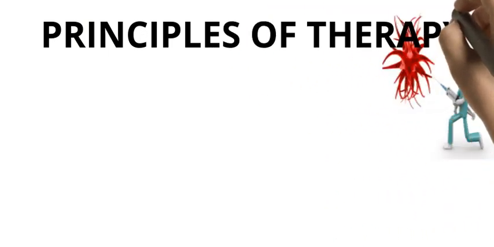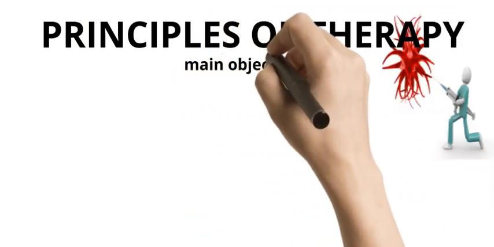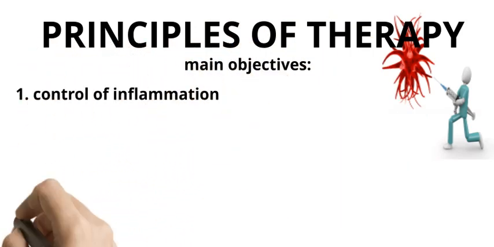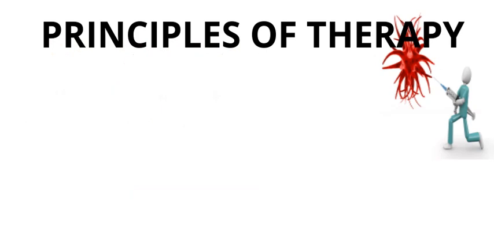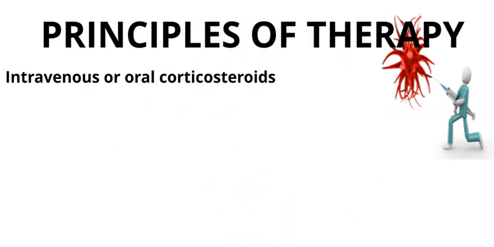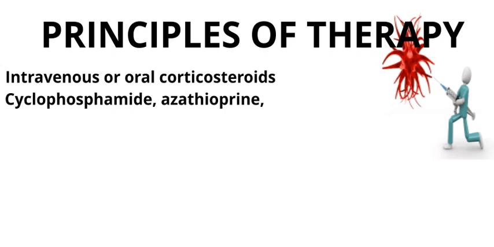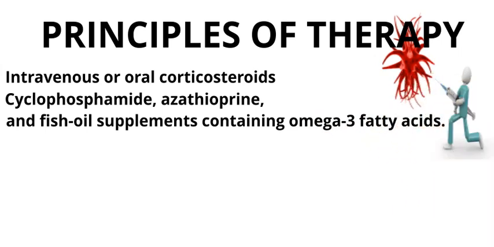Principles of therapy. Current treatment of GN has two objectives: to control inflammation and then to inhibit fibrosis. Anti-inflammatory agents include intravenous or oral corticosteroids, cyclophosphamide, azathioprine, and fish oil supplements containing omega-3 fatty acids.